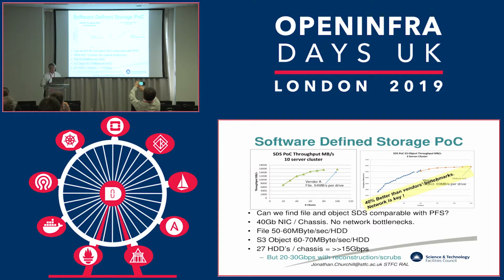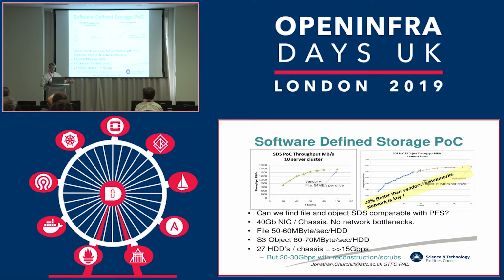The one on the right hand side is from an object storage vendor, and that was about 70 megabytes per second per spindle. But crucially, when you work this out for those rates, that's 15 gigabits a second from 27 hard drives in a particular chassis. So you're already breaking most object stores. They tend to come with a lot of disk drives and a 10 gig network on the back.